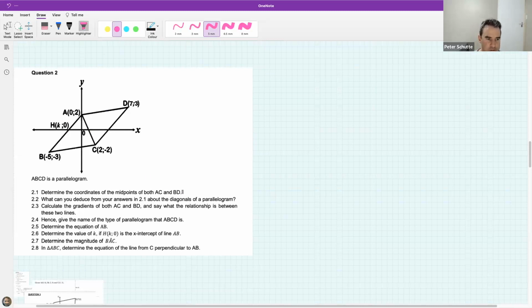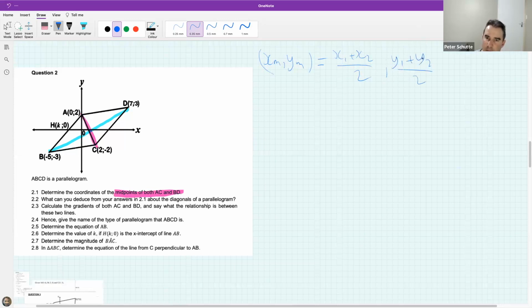And I want you to find me the midpoints of AC and BD. So here is AC, which is here, and BD would be here. And for those who weren't, we also did this in the first lesson. The way you find the midpoint of 2 points is you add together the two x coordinates and divide by 2, and you add together the two y coordinates and divide by 2.